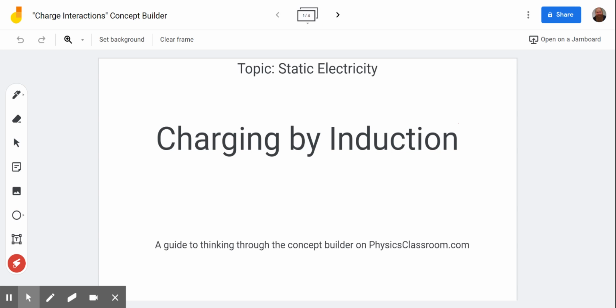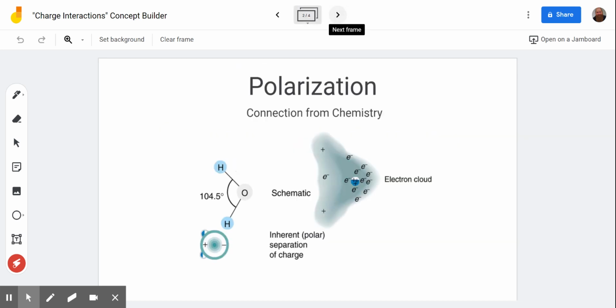I am going to briefly review the two slides we looked at in polarization. First one reminded us that this was something we talked about in chemistry last year, where the oxygen is more electronegative, so it draws the electrons closer to it, making this side of the atom slightly negatively charged and this side positively charged.